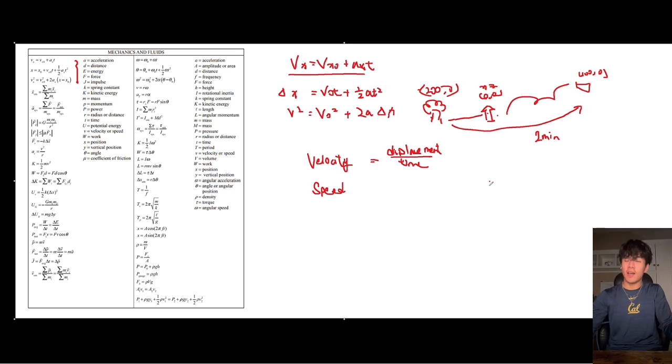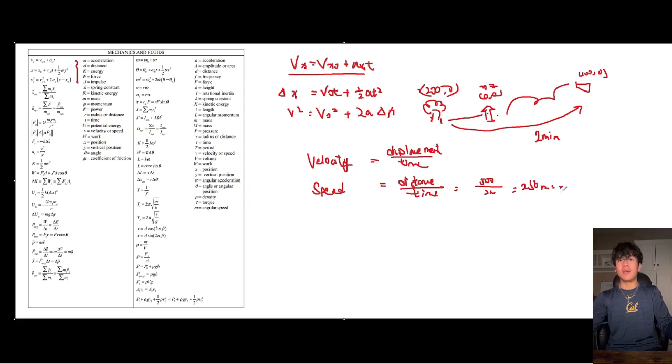But you can tell them that's not true, because speed is total distance over time. In total, you actually traveled 500 blocks, because you traveled 200, 200 back, and then 100 to the cave. So it's 500 divided by 2 minutes, which is 250 blocks a minute, which is not bad at all.